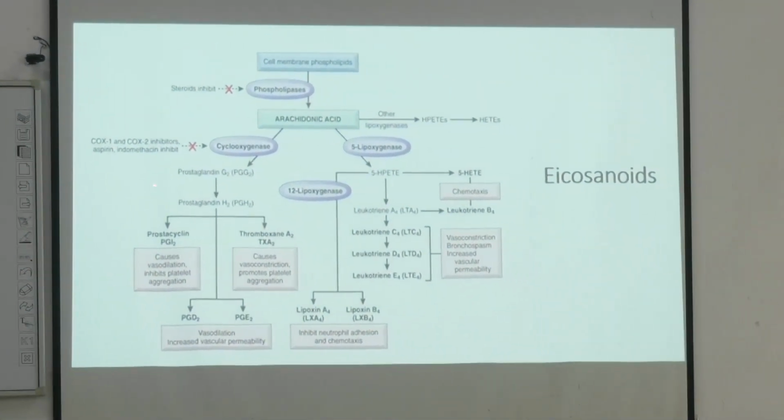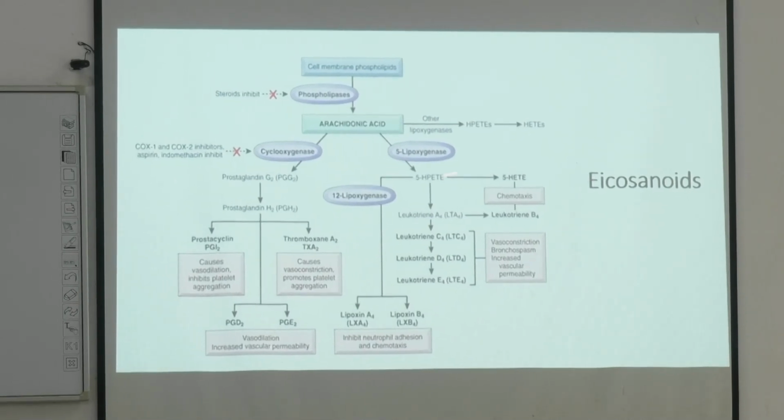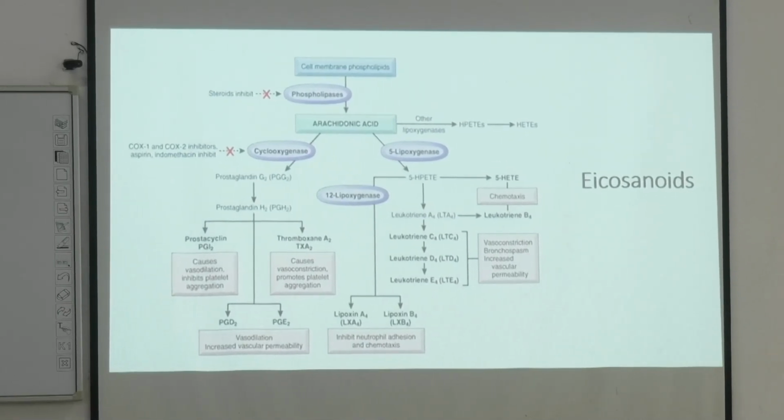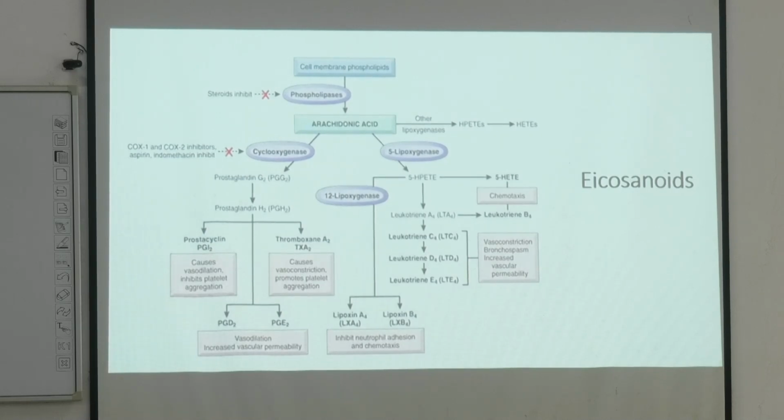These are COX inhibitors, meaning cyclooxygenase enzyme inhibitors. Whenever the medicine inhibits the cyclooxygenase enzyme, it inhibits the production of thromboxane A2 and prostacyclin, so these are also used as anti-inflammatory drugs.